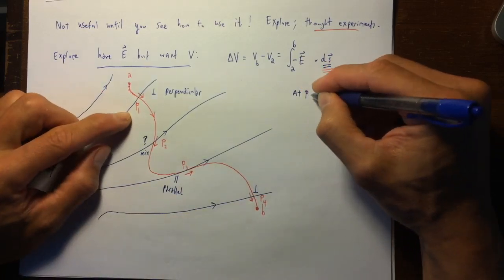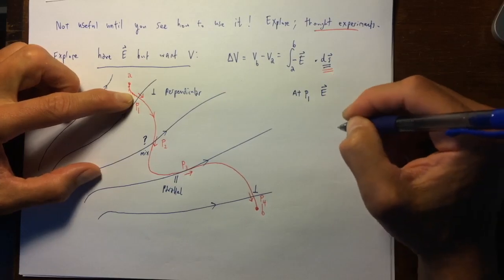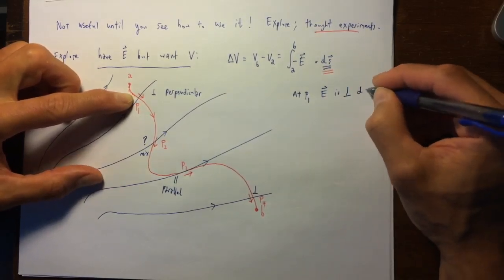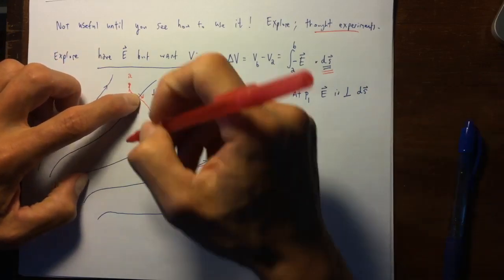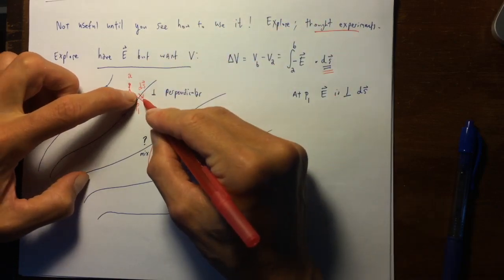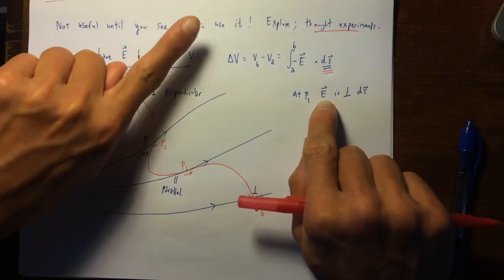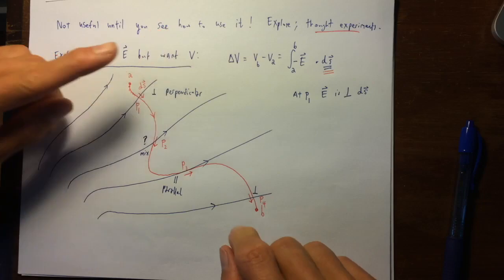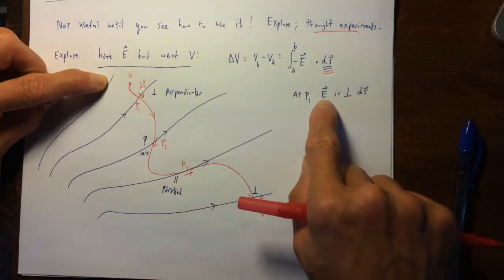So at P1, the electric field value is perpendicular to the ds vector. The little ds vector is here. The electric field's value is this way, indicated by the field line's direction. And the density of field lines speaks to the strength of the electric field.